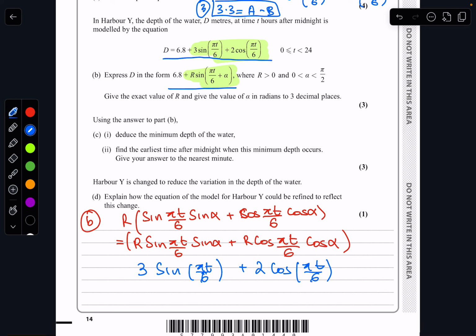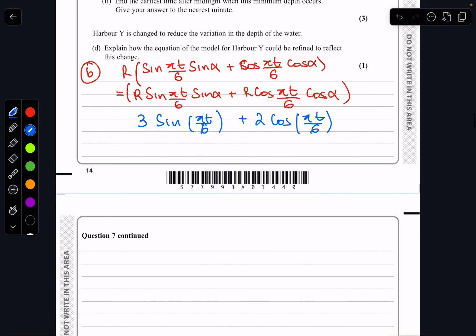So we can equate the components in this case. If you compare the components, essentially we can rewrite this as the following. Let's compare the first part, the sine part, and then you can compare the other part, which is the cos part.